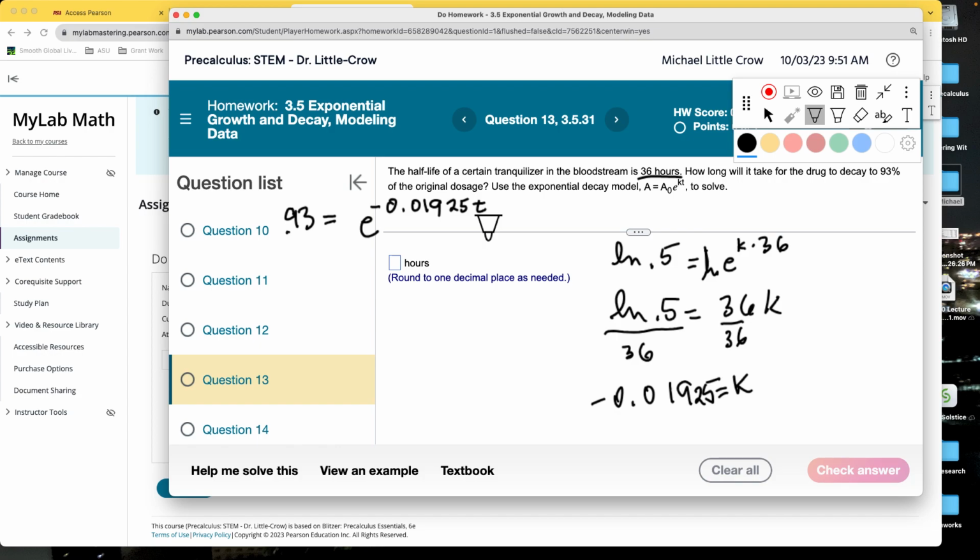We're going to solve for t, and this will tell us how much time has passed to get us down to 93%. Did I get the 93% right? Yes, there we go. Decayed to 93% of the original.